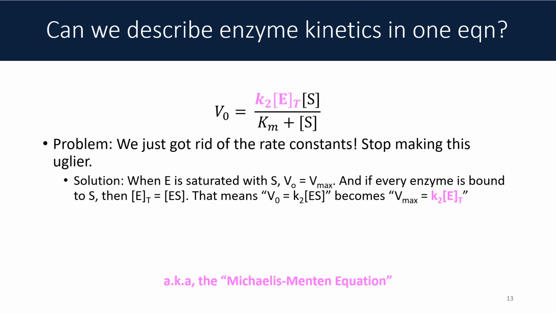And oh my god, we just got rid of all those K's, and now we've added K2 back into our equation. How the hell do we get rid of that?